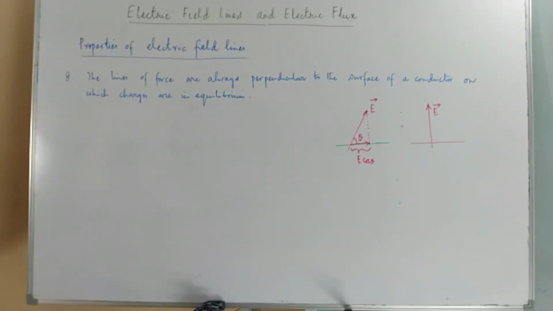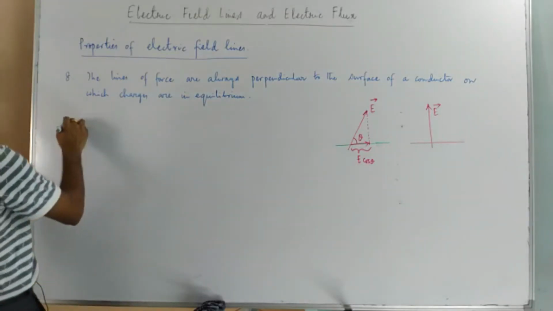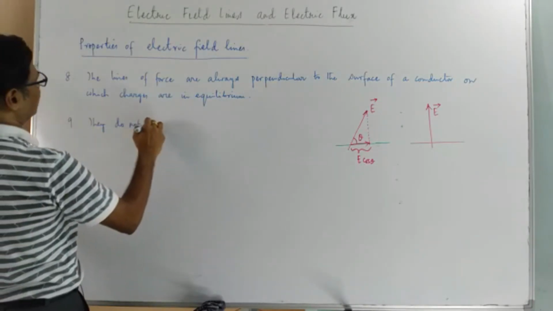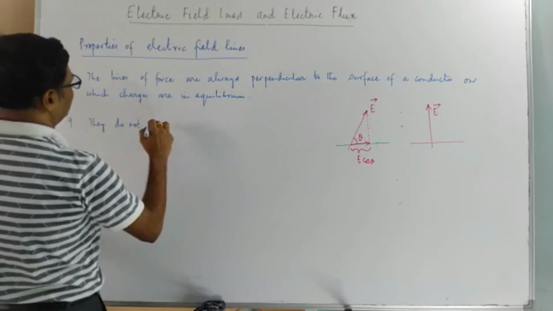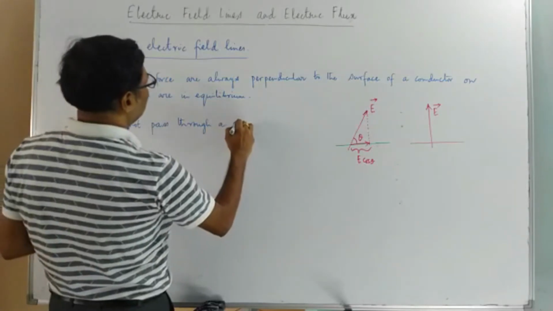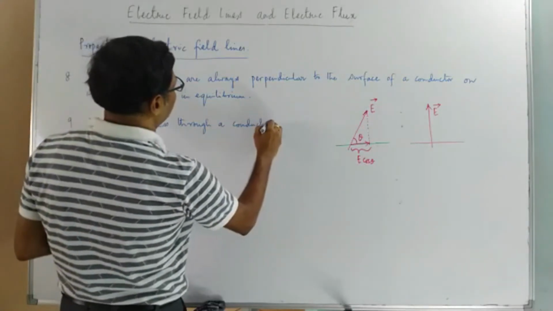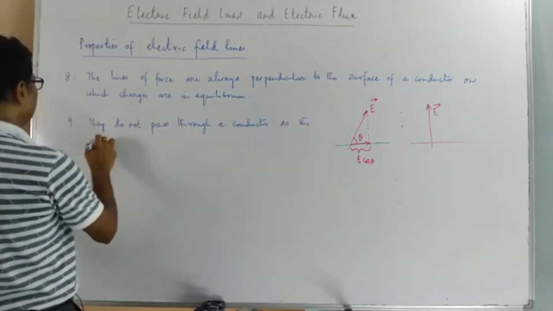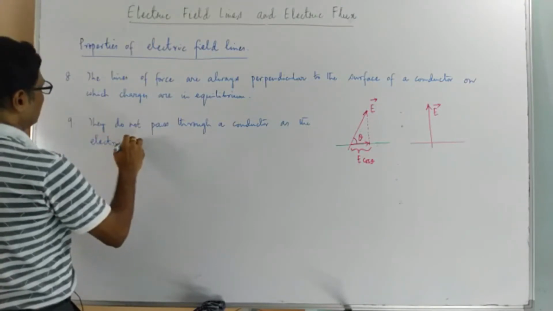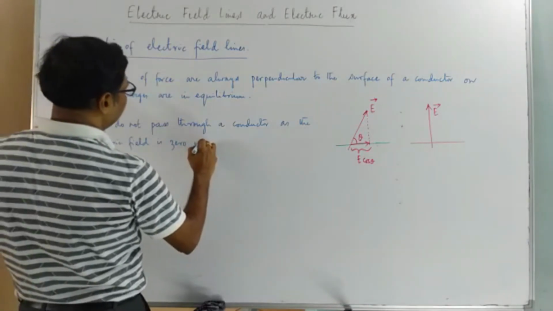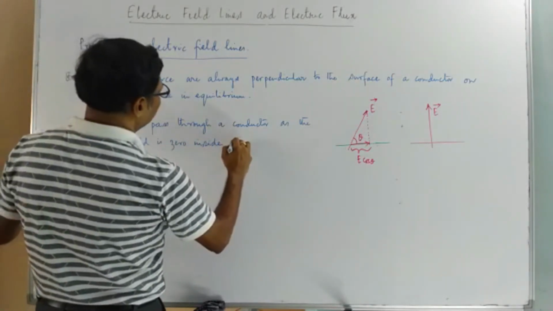Finally, point number 9. The electric lines of force do not pass through a conductor, as the electric field is zero inside a conductor.